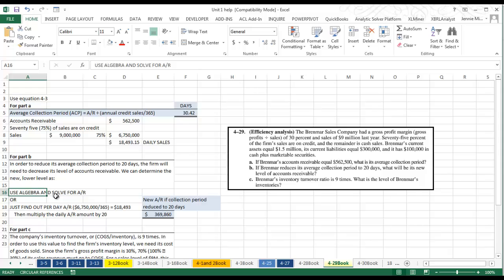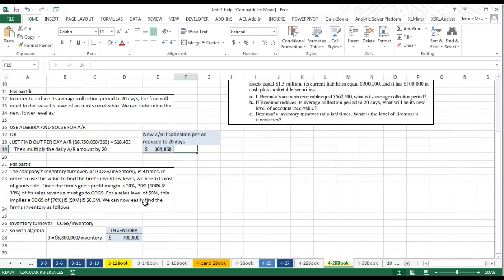So we have to use algebra, where we can set 20 days equal to the accounts receivable divided by the daily sales of 6750 divided by 365, and we'll find our accounts receivable number. We can do that, or what I like to do is just go ahead, like what we've done up here, and find the daily sales, then just multiply that amount by 20, and that way we come up with our new accounts receivable if the collection period is reduced to 20 days.